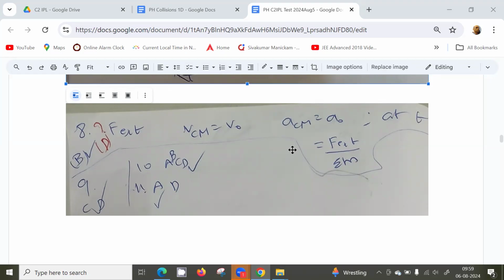If option D is like A naught not equal to 0, then V0 will also be not equal to 0 and A0 will also not equal to 0. Acceleration non-zero means change in velocity is not 0, but velocity can be 0 at some instant.